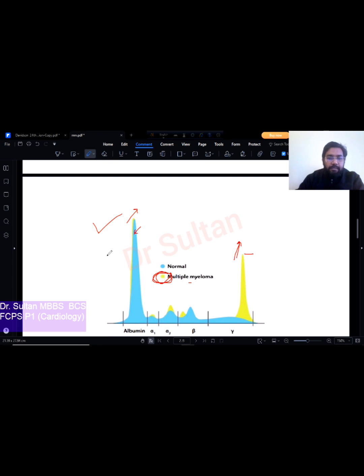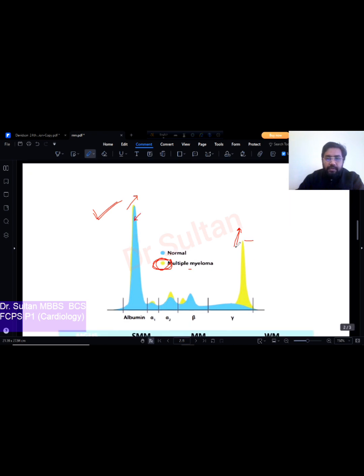But you cannot determine the diagnosis of multiple myeloma just by seeing this serum electrophoresis. With this rise in the gamma segment, you just cannot confirm your diagnosis of multiple myeloma. There are some other clinical features and other findings.